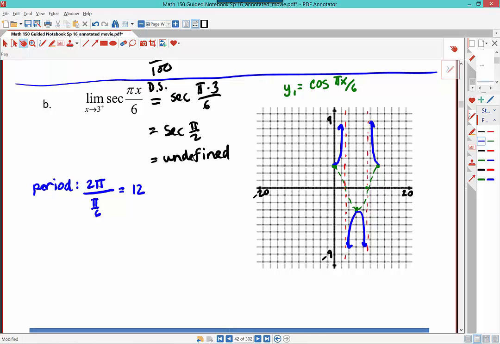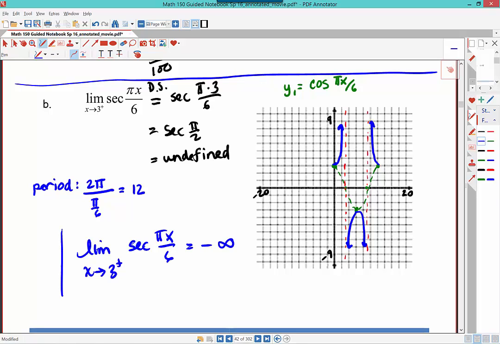Perfect. So therefore, what we found was the limit as x approaches 3 from the right side of secant at pi x over 6 is negative infinity. That's our infinite limit. And again, we were approaching from that right side. So you go down to negative infinity.